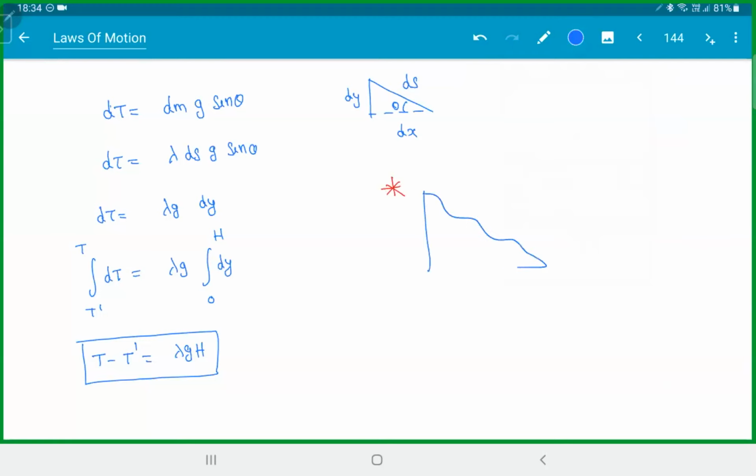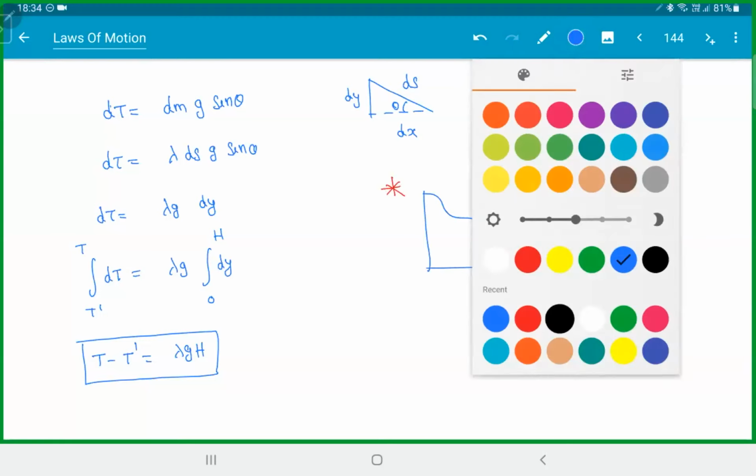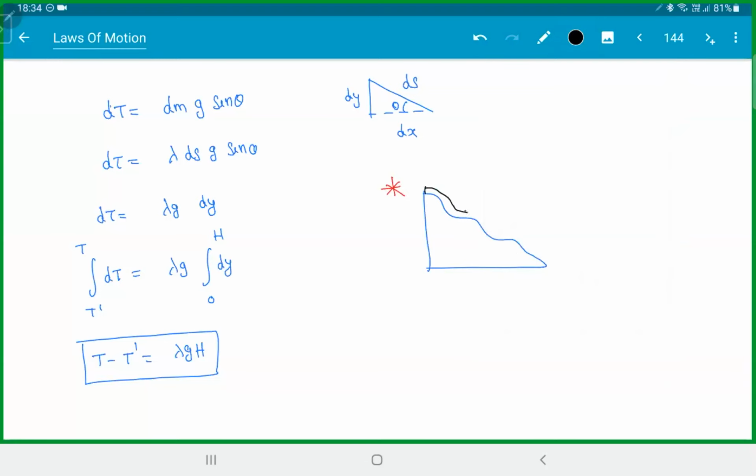So when you took this weird thing, T and T dash with a height h, you're getting the answer as if you have a rope T and T dash of height h. Isn't it? The result comes as if you're just taking a string of height h vertically.